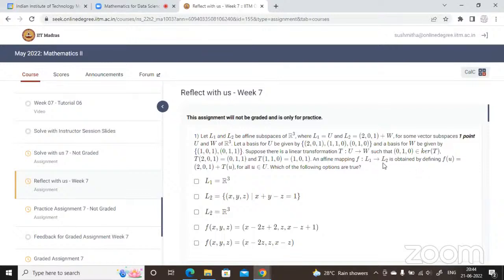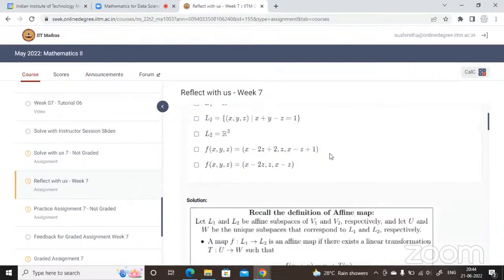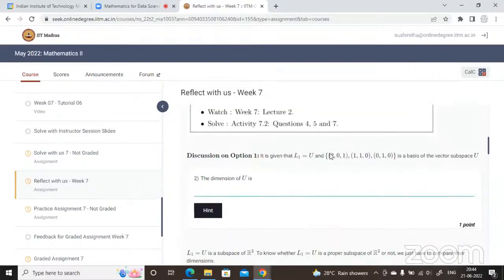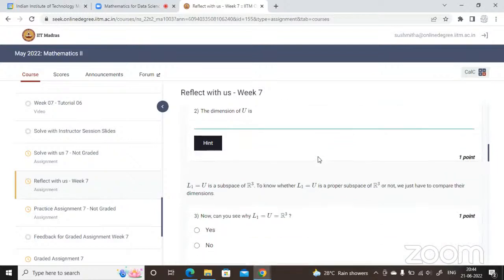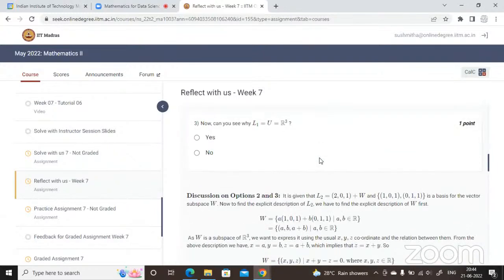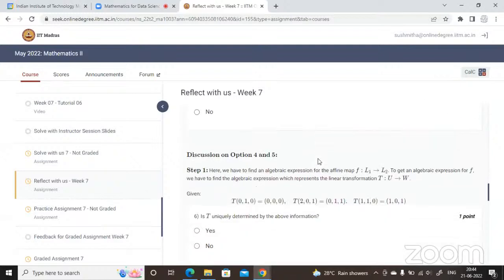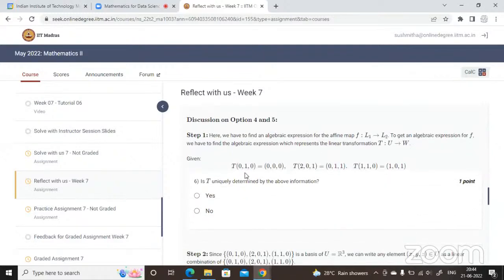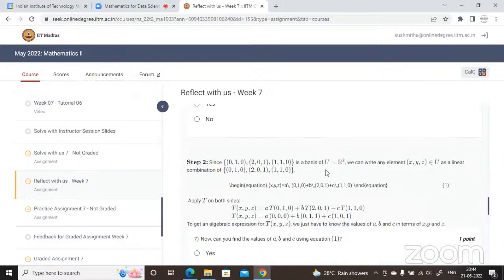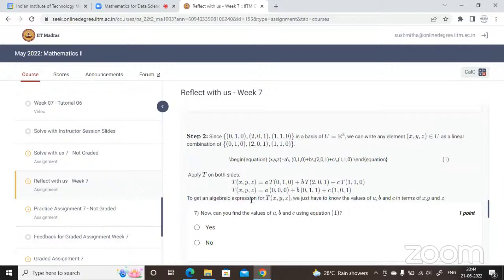Here we first found L1 and L2, the affine spaces, and then we found the linear transformation. Because we know the linear transformation on the basis, we just had to find T of x comma y comma z.